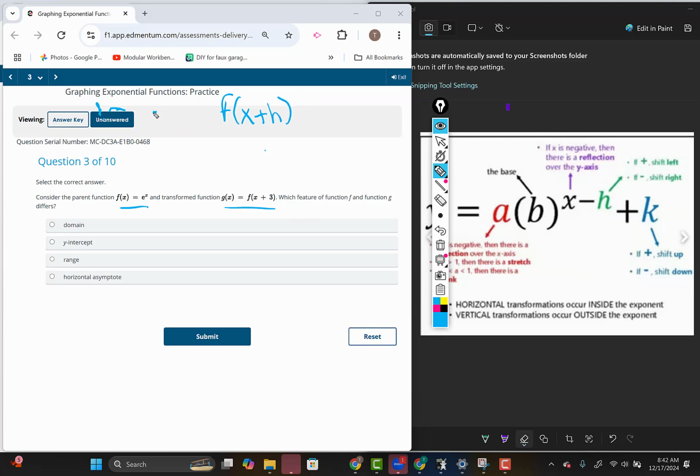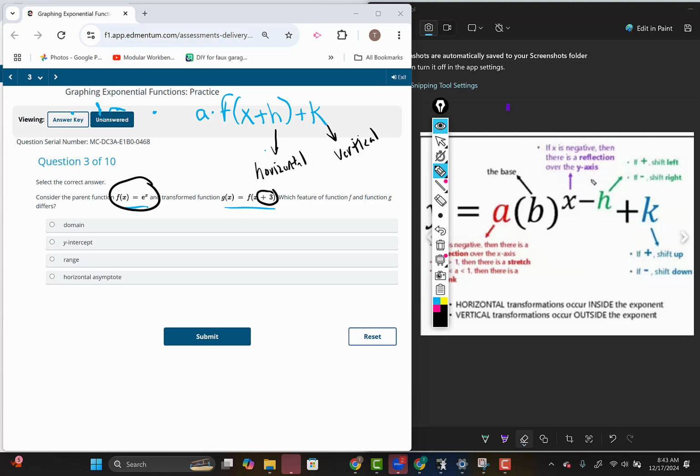If you have a function in this format, the h value is the horizontal transformation. The k is the vertical. Really, that's all we need to know for this particular problem, because we can quite clearly see we have a positive 3. So this is going to shift the parent function left or right.